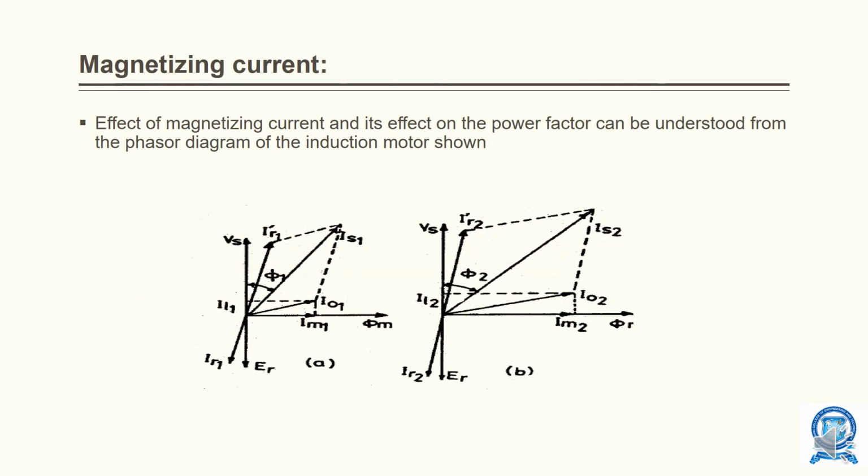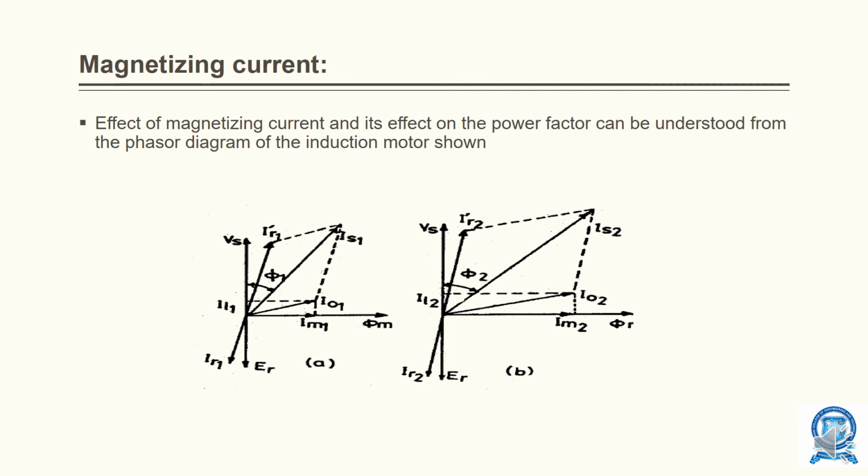Here comes the phasor diagram of flux linkages. In this phasor diagram you can see the leakage flux, the current, the voltage and the induced EMF. The effect of magnetizing current and its effect on power factor can be understood from the phasor diagram.